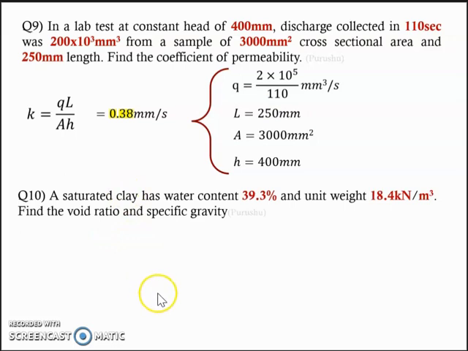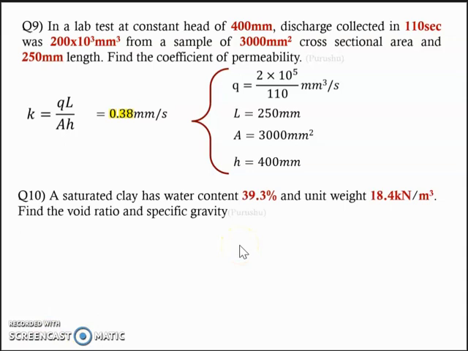Next question. A saturated clay has a water content of 39.3% and the unit weight of 18.4 kN per meter cube. Find the void ratio and the specific gravity.